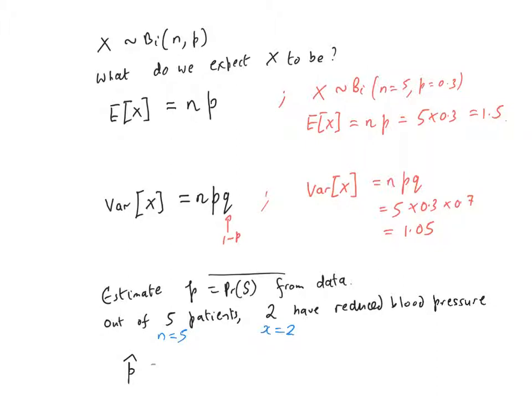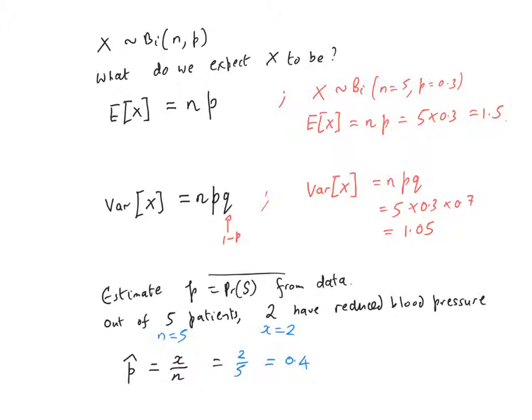We'd estimate it as x over n, so the proportion of successes, which in this particular case of this example will be 2 over 5, which is 0.4. So we can estimate the probability p to use in the equation from data, and that's a very useful thing to do, and that's what very often happens in practice.